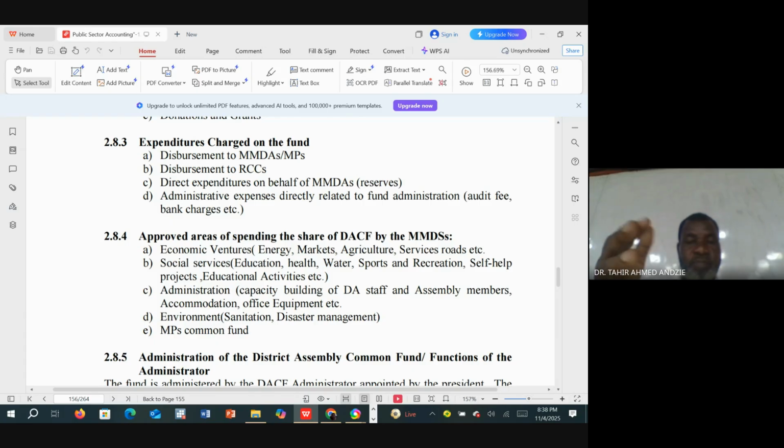So the assembly common fund administrator's office will also spend, and the expenditure incurred at the administrator's office is also part of the expenses that are charged to the fund, right?